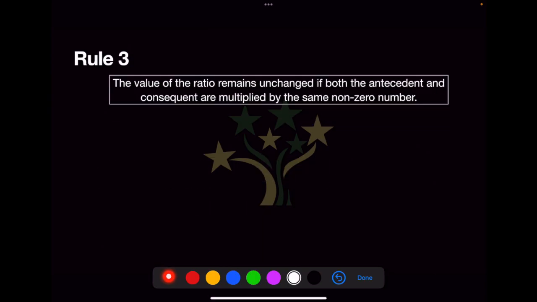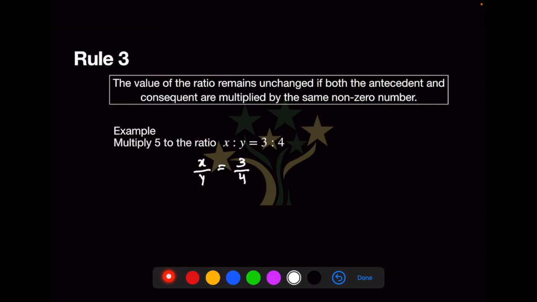Coming to our third rule, the value of the ratio remains unchanged if both the antecedent and consequent are multiplied by the same non-zero number. So let's understand this using an example. The question is to multiply the ratio x is to y is equal to 3:4 by 5. So when such a question is given, you have x by y is equal to 3 by 4.